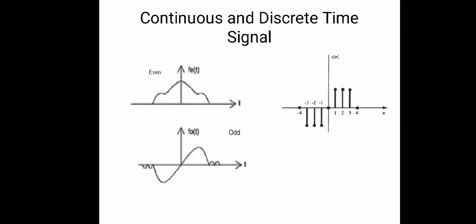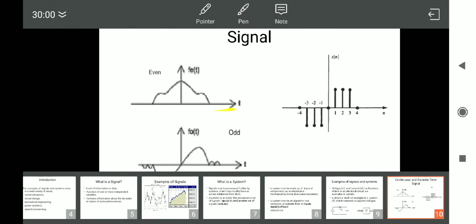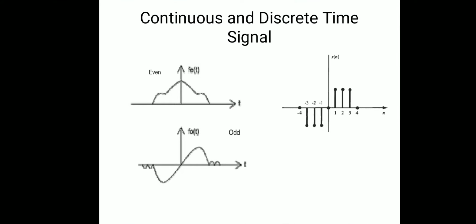For a continuous time signal, you can define the signal at any instant of time. The x-axis is the time scale, and the y-axis is the magnitude scale. Consider this sinusoidal signal.